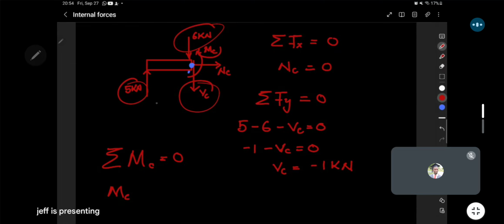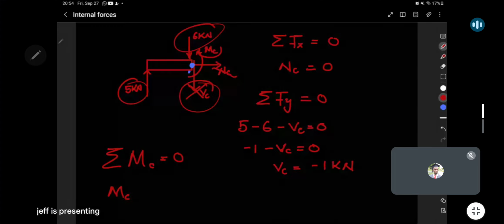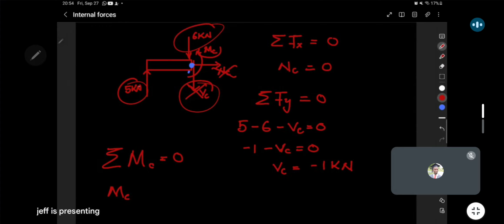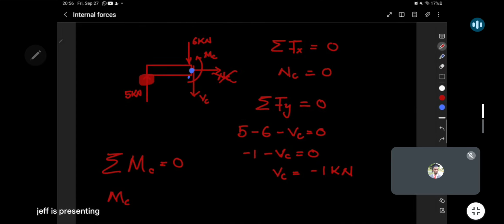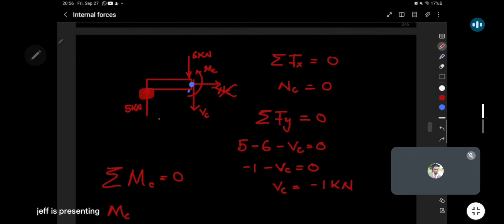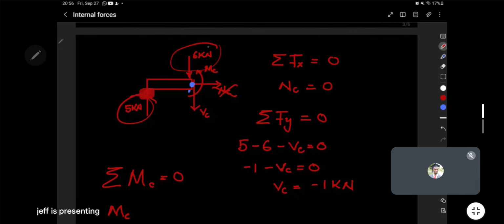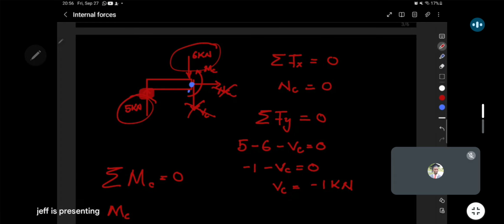Then the VC and the normal, of course, will cause nothing. So we have two more forces, this one here and this one here.